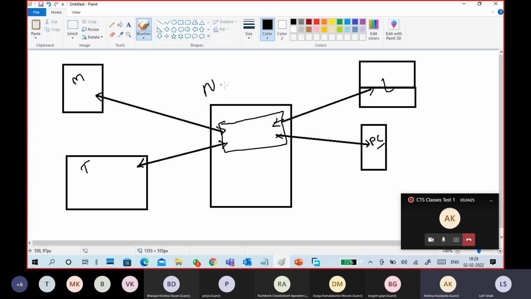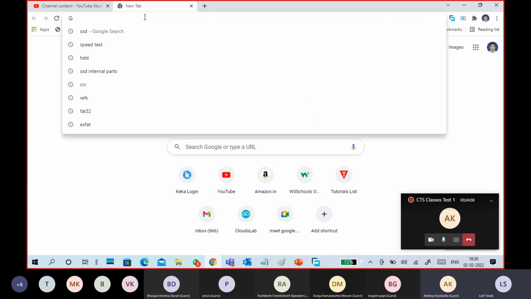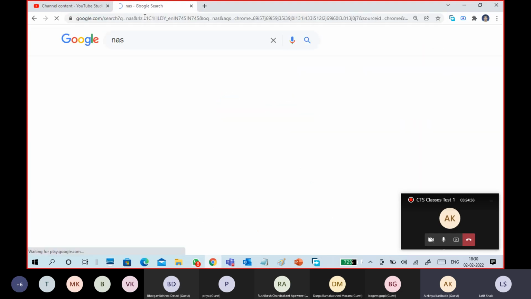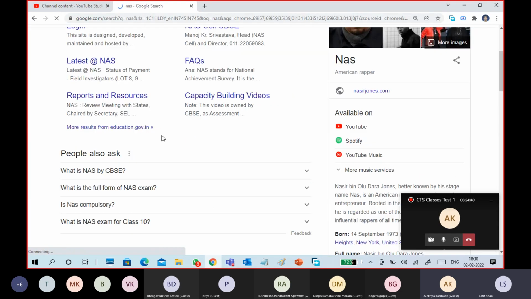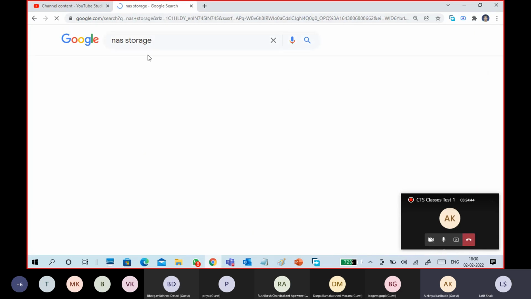This centralized data storage is used in small offices and homes, and in enterprises we also use NAS storages. This is for our understanding. When you type NAS, something comes up, so find NAS storage or NAS box.